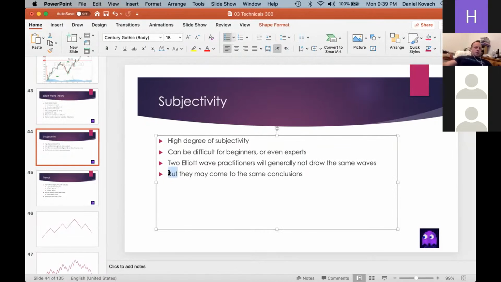So don't worry if you saw something that I didn't, or if you would have drawn it a certain way and I drew it differently, or if my analysis conflicts with yours, because the details of those vertices, that 1, 2, 3, 4, 5 thing, are not as important as the direction and the knowledge you're gaining about the direction of the markets from that.